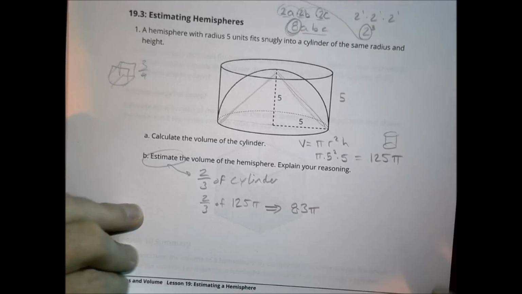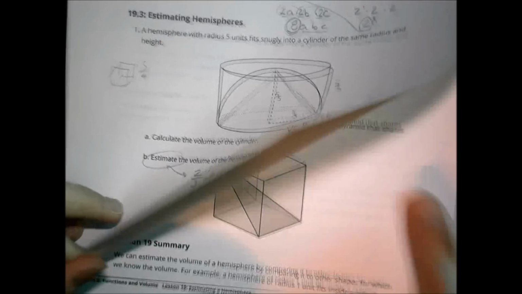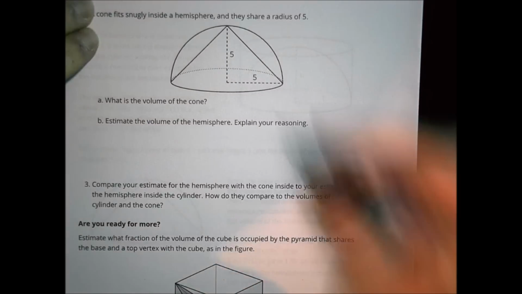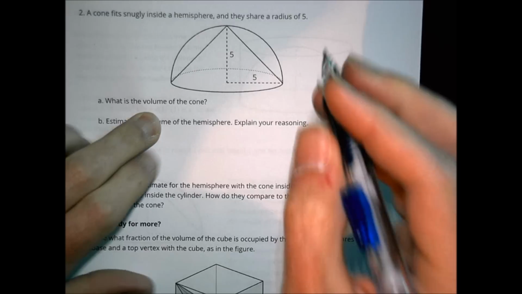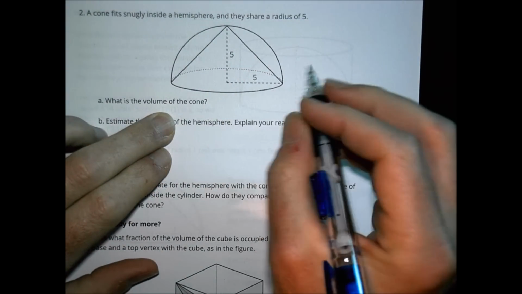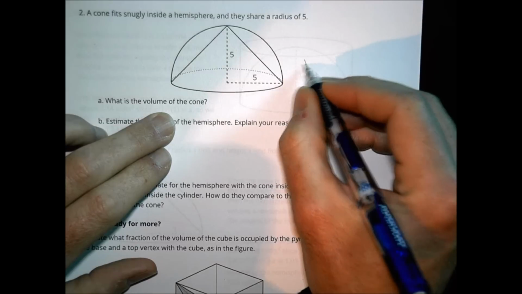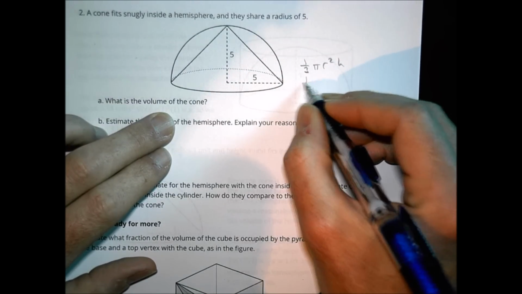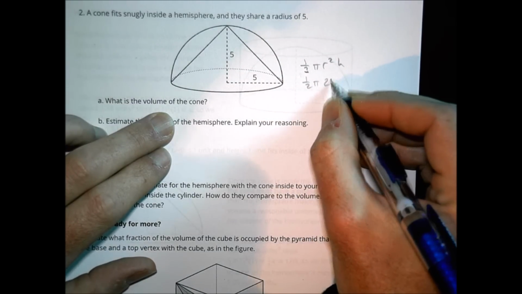In the next one, we're going to take that same hemisphere, and now we're going to put it with a cone, which we know is smaller, but now the cone fits inside of that. So the volume of the cone is what we want to find out first of all. That would be 1/3 pi r squared h. Again, this is 1/3 of pi times 25 times 5.